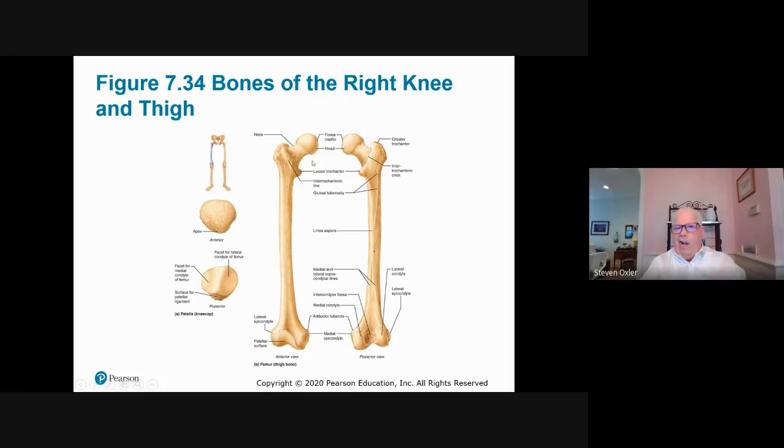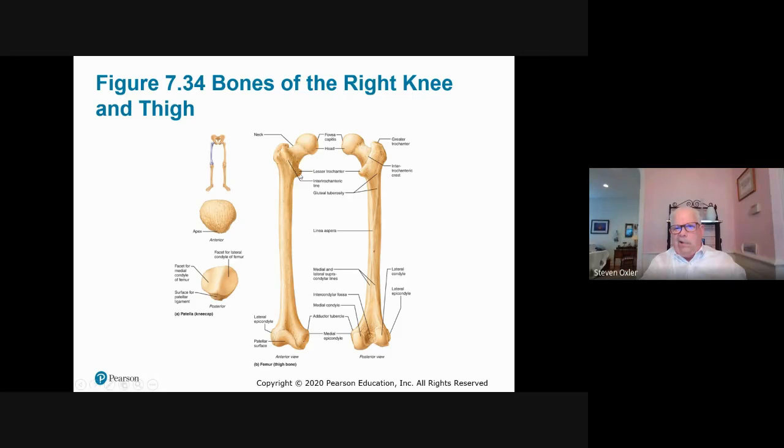Okay? Here is where the femur attaches to the acetabulum. It's called the head of the femur. There is a neck, and this is important because this is where you fracture your femur, in the neck.